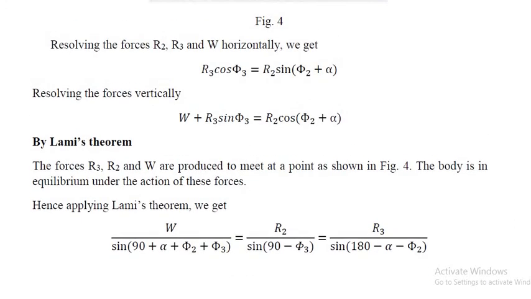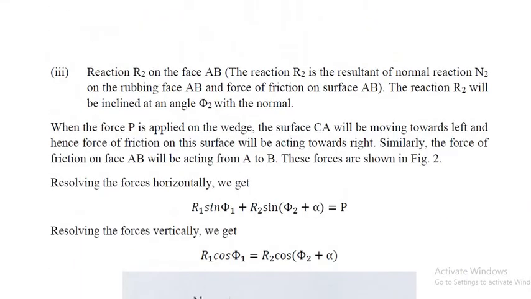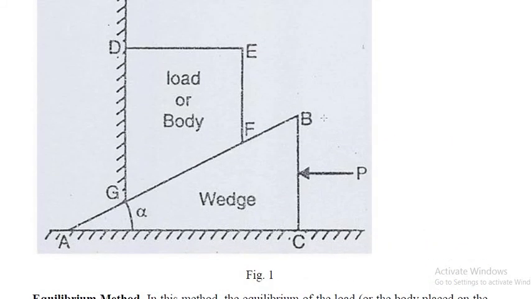So these are the conditions for equilibrium when a body is placed on a wedge. First, we found the equilibrium condition for the wedge, considering the friction and the normal reaction on this surface.